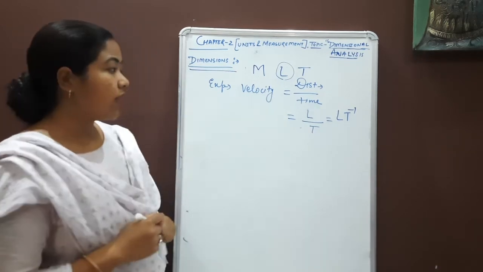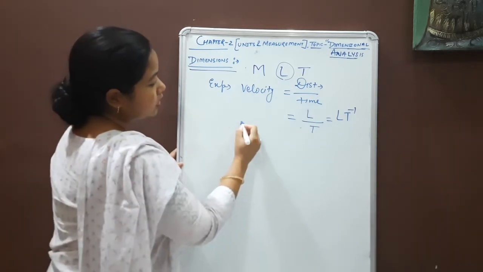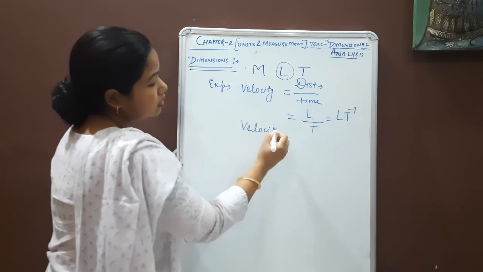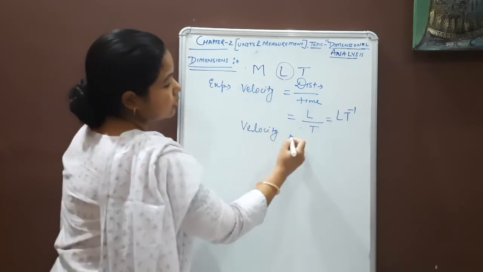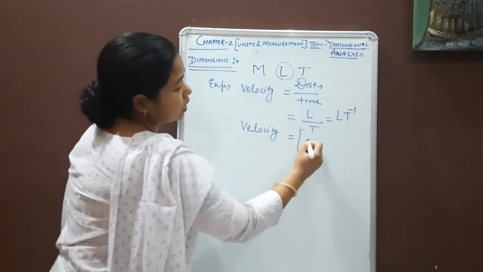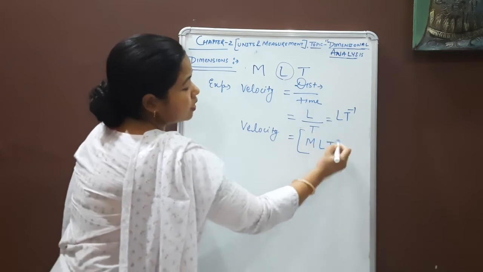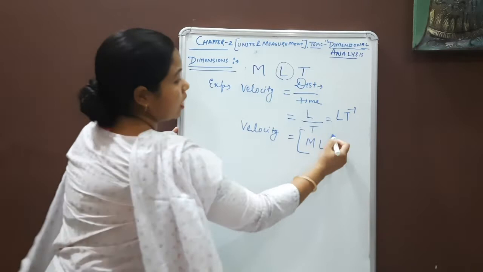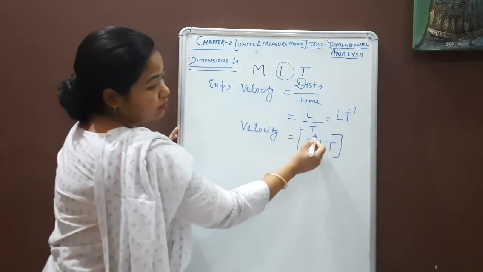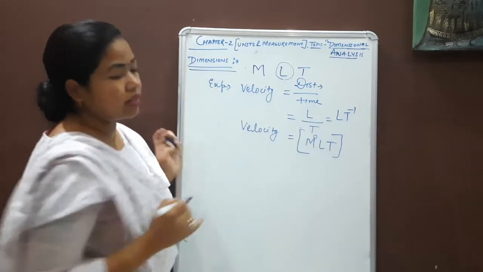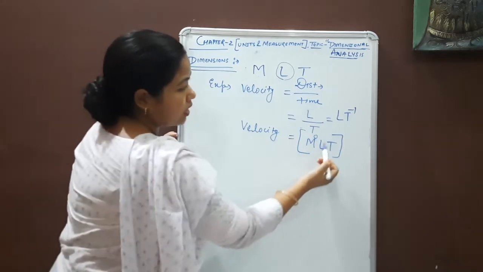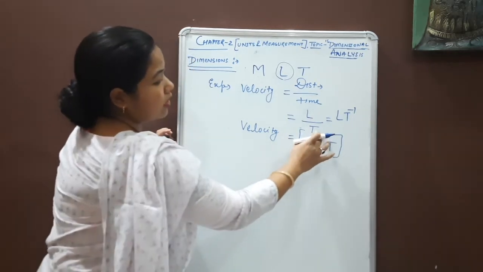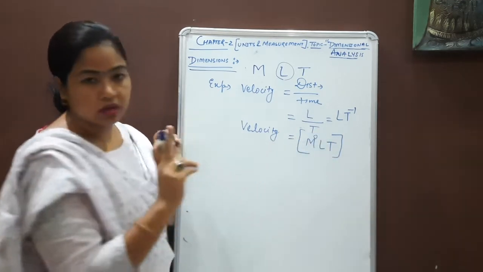When we write the dimensional formula of velocity, we mention these 3 values in the dimension of velocity. For M, we do not have any term of M, so that is represented by the power 0. L has 1 term, so that is represented as 1, or if we do not write anything, that represents the power 1.